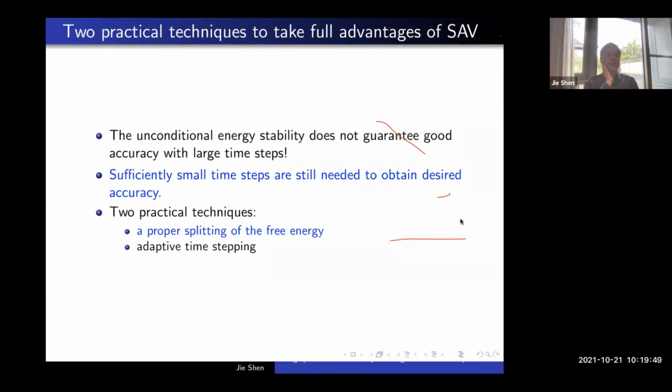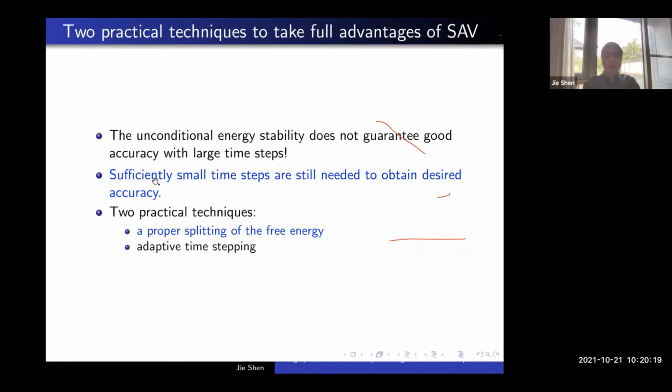So this seems to be a little bit too good to be true, right? You have a linear scheme which is unconditionally stable and has all the properties you'd like to have, but you have to remember that unconditional stability does not guarantee good accuracy when you choose large time steps.